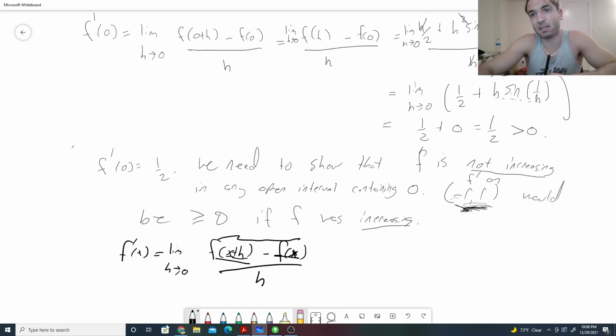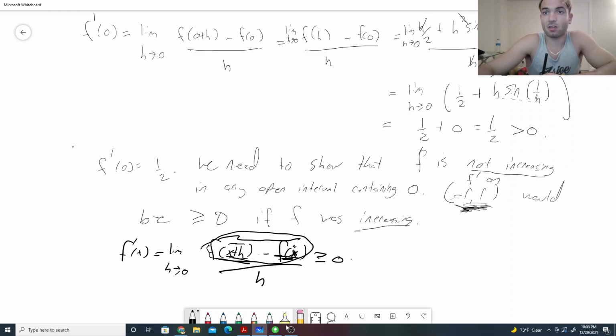Why is that? Because f was increasing, so x plus h is bigger than x, so this piece here is positive and h is positive, so this may not be positive, it may be 0, but this would be greater than or equal to 0. And the limit would still be greater than or equal to 0.